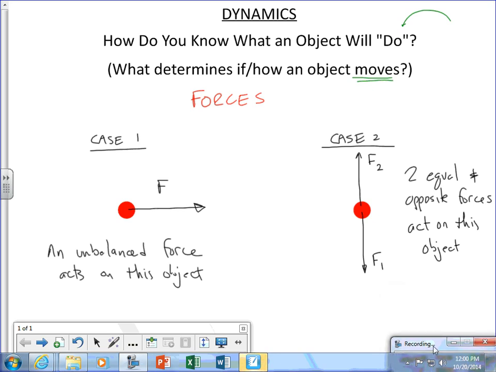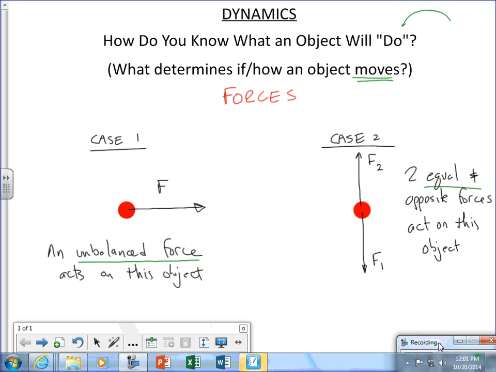Two very different things happen, and we know this already. We've mentioned this in our discussions of free fall, and our preliminary look-ahead discussions as to why things do what they do. They happen as a result of either an unbalanced force, or, when we call it equal and opposite forces, a balanced forces case. So what's the difference?